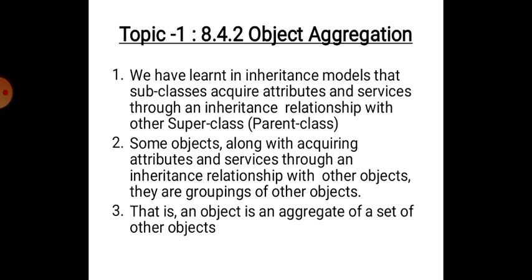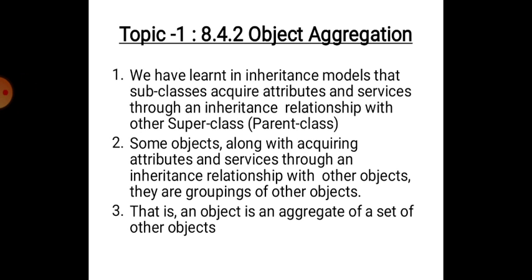Topic is object aggregation. Point number 1. We have learned in inheritance models that subclasses acquire attributes and services through an inheritance relationship with other super class, that is also a parent class.